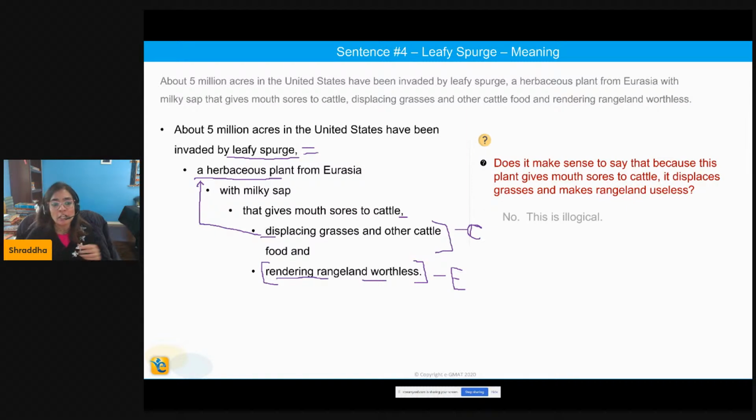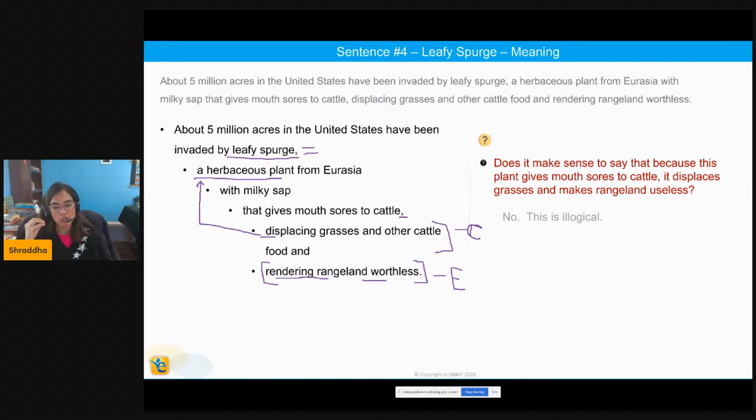This is my cause. Because leafy spurge displaces grasses and other cattle food, cattle will not go to the rangeland, and that's why the rangeland will become useless, because cattle cannot eat leafy spurge, because the milky sap in the leafy spurge gives them mouth sores.